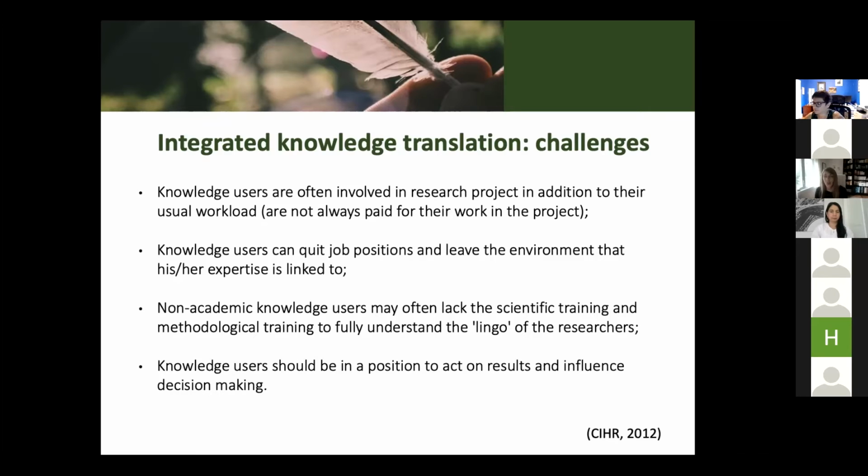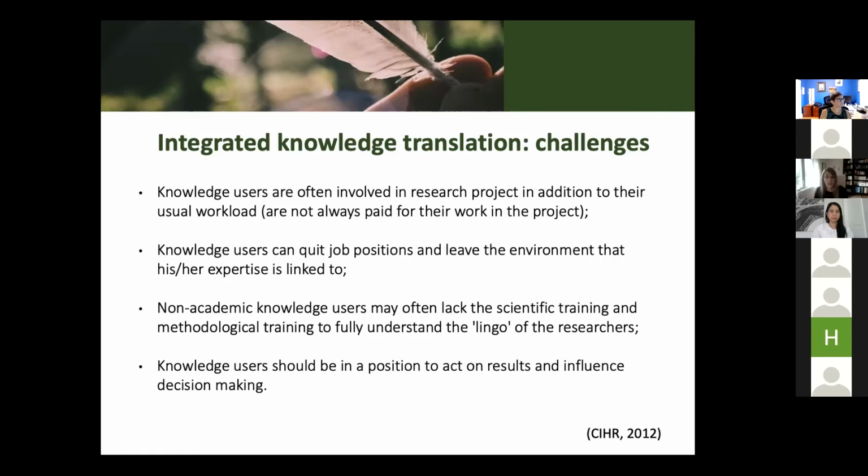And one way to overcome this barrier is to have a dialogue with their institution, with their organization, to bring about small changes in their job mandates and to find some way to compensate their time in the project and to accommodate their schedule when arranging meetings, for instance.